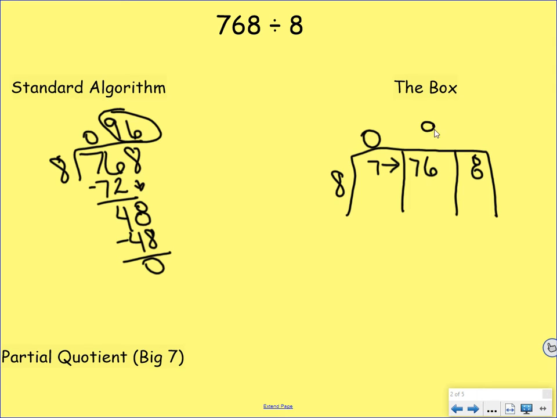And I know it goes in 9 times. And then I subtract, and I have 4 left. So I slide it up here with the 8. And 48 goes in 6 times, and I have nothing left. So once again, my answer is 96.